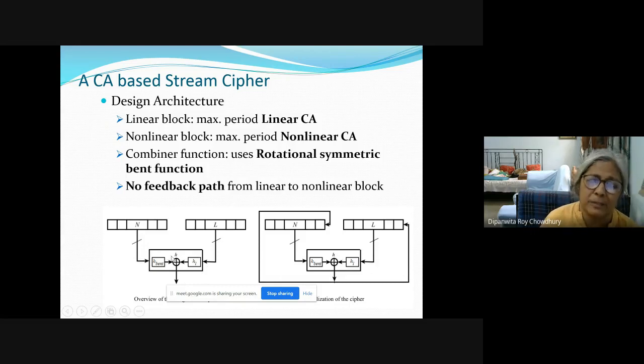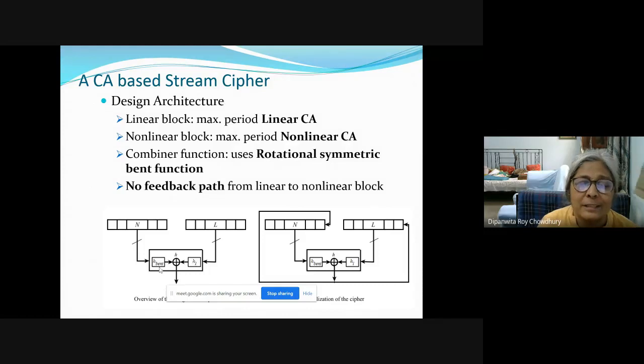Now that structure we have taken, and instead of NFSR, we have taken the non-linear cellular automata. Simply, LFSR is replaced by one linear cellular automata, and for this part we have taken some crypto-friendly functions.